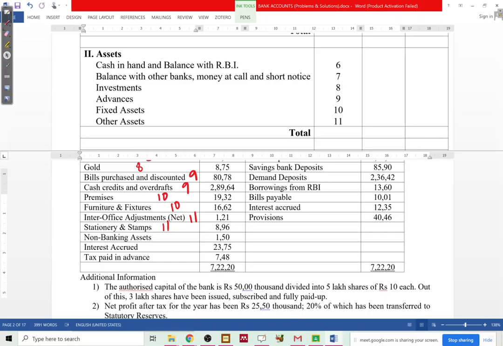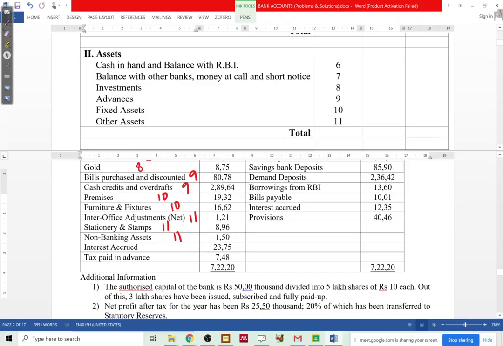You can just make a note as I am explaining that these are assets acquired in satisfaction of claims, which means they were taken as collateral security for advances or loans. Alright, so these are non-banking assets and they come under the category of other assets.